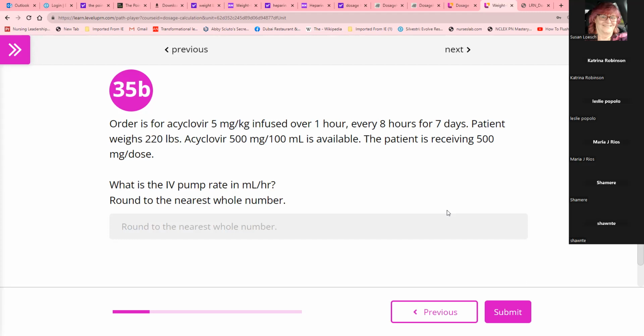Now you just have to put that over what you have on hand. So it'll be 100 mLs per hour? Correct. Everybody with me on that? Okay, I don't hear anybody saying no, so can you do that on the board?